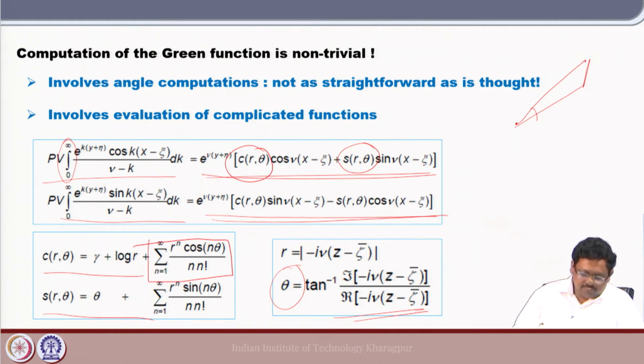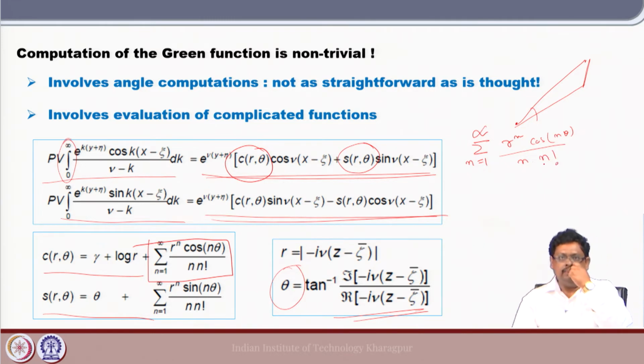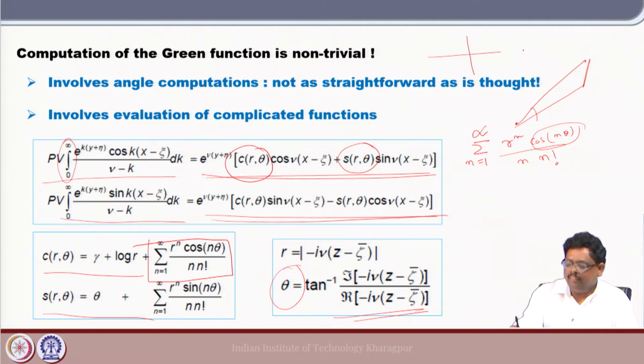Computing this term is also very interesting to see. Looking at this expression, it is a summation, n equal to 1 to infinity, so it is an infinite sum of r to the power n, cos of n theta, divided by n into factorial n. We do not have any say on cos n theta, because it always oscillates between 0 and 1.